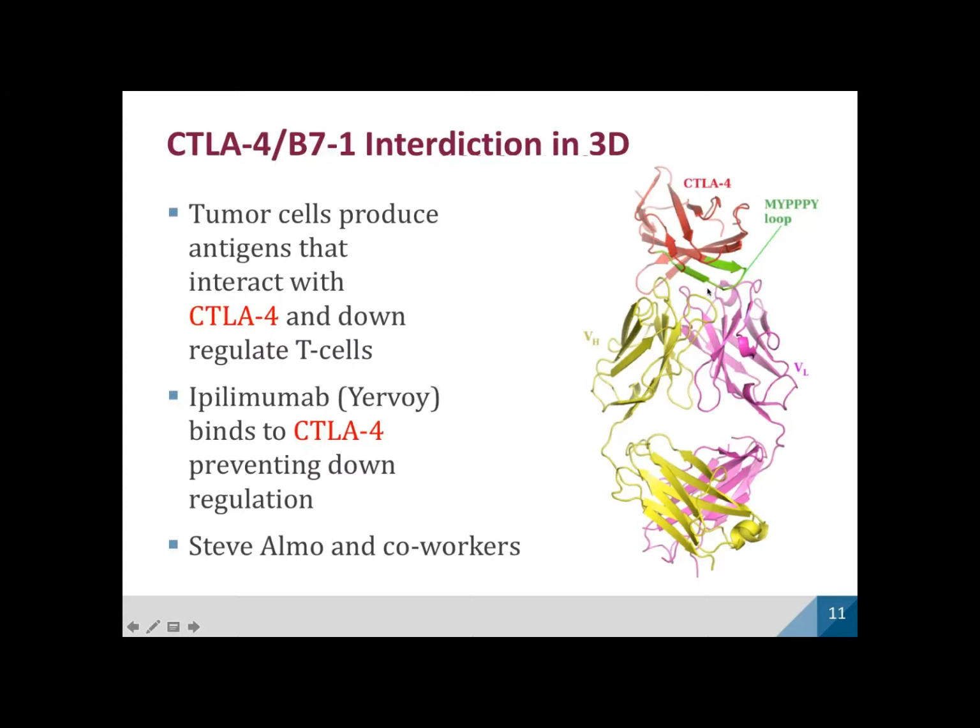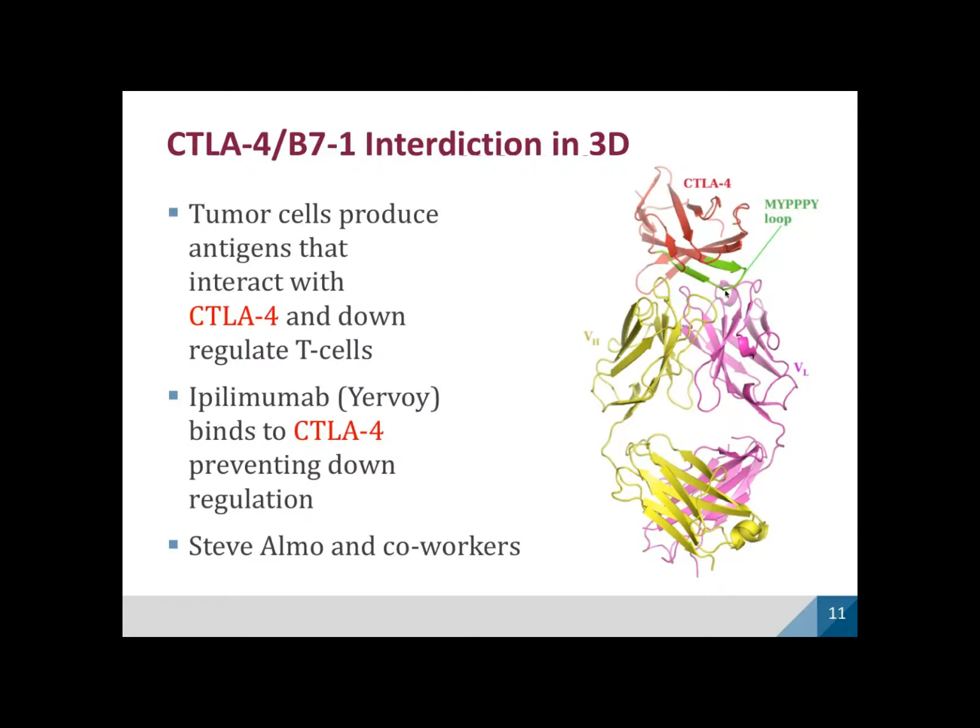What should be apparent is that the part of the protein interacting with the CDRs, the antigen recognition sites on the Fab, is slightly different from the part that interacts with B7-1 or B7-2 when the two cells meet.